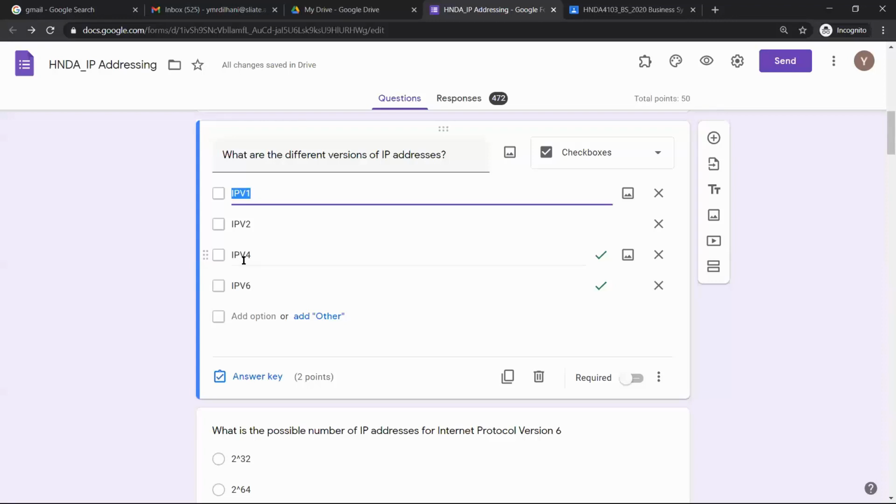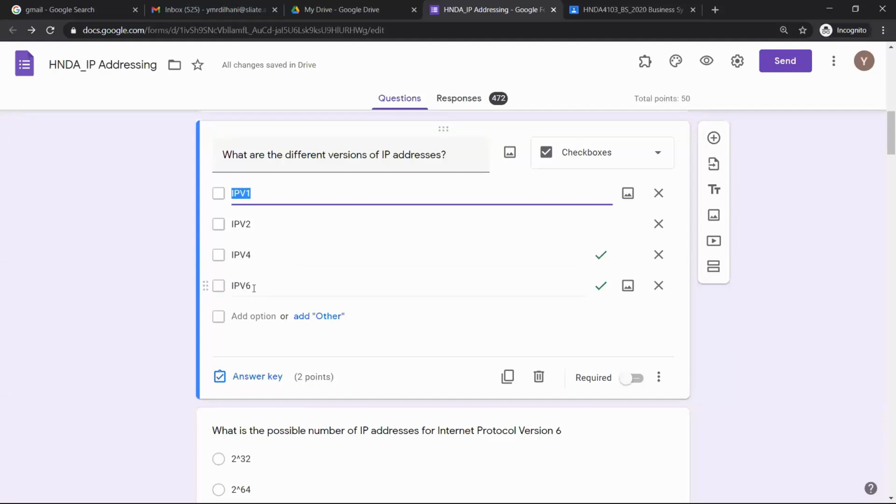The reason is that earlier we had IPv4 numbers, which contain 32-bit patterns, and since there are many devices connected to the internet, the number of addresses you could have was not enough with IPv4. Therefore, IPv6 came.